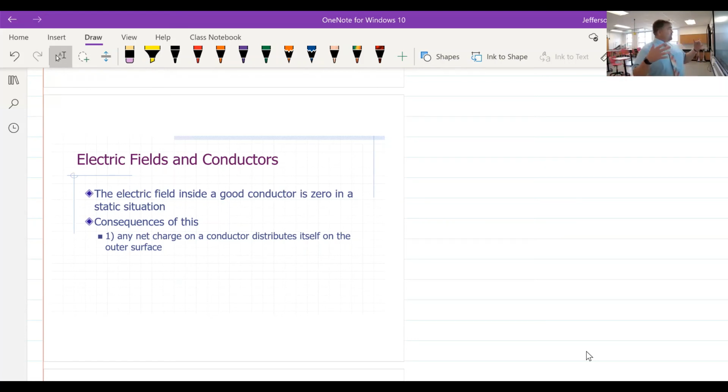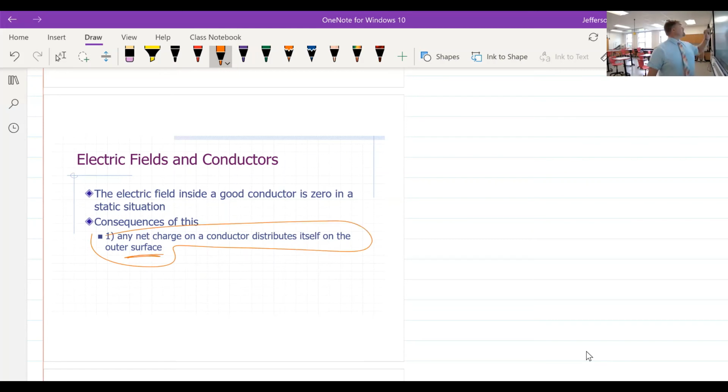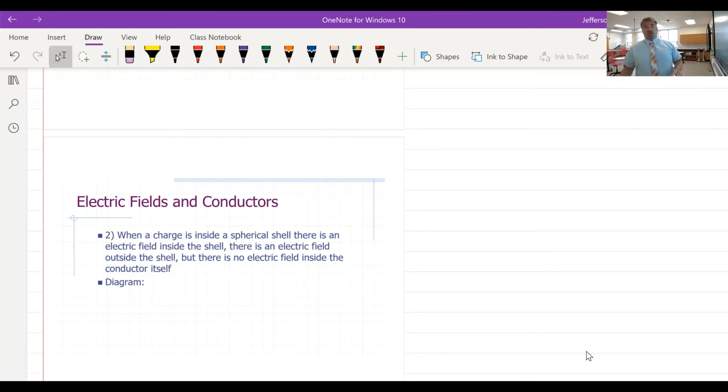And so if the charges are not moving, then there's 0 electric field at that point. So some consequences of this: if you have a conductor, charges will build up on the outside of it, on the surface. The second thing is, if there's a spherical shell, you'll have no electric field inside the shell itself.